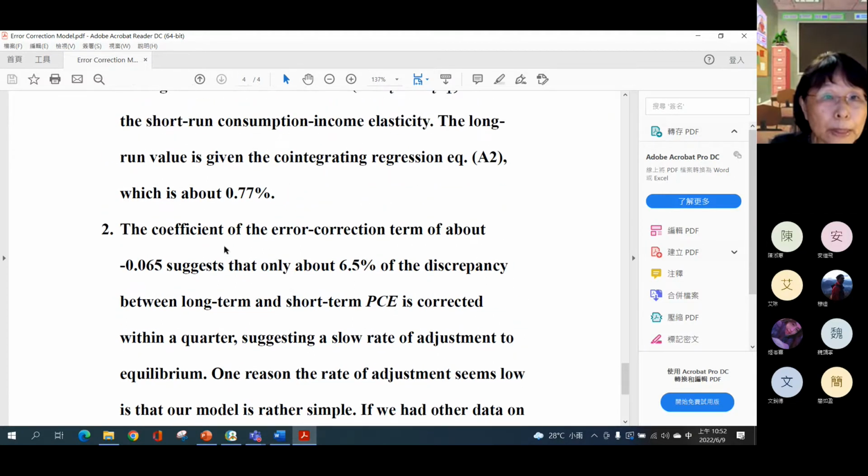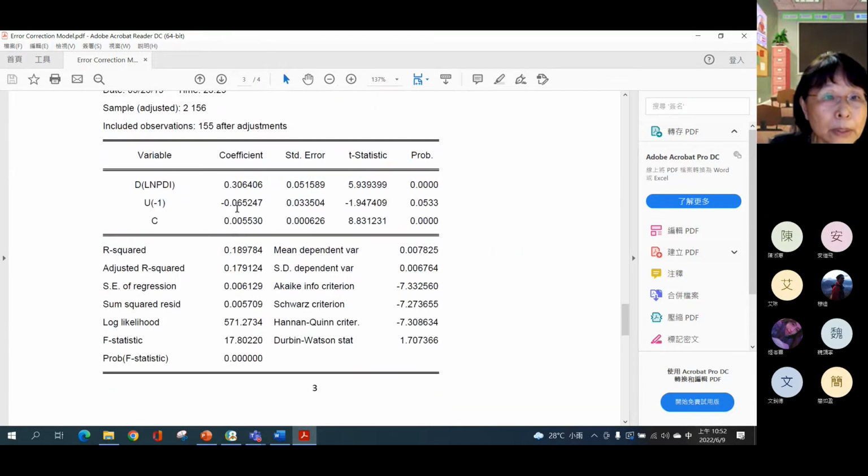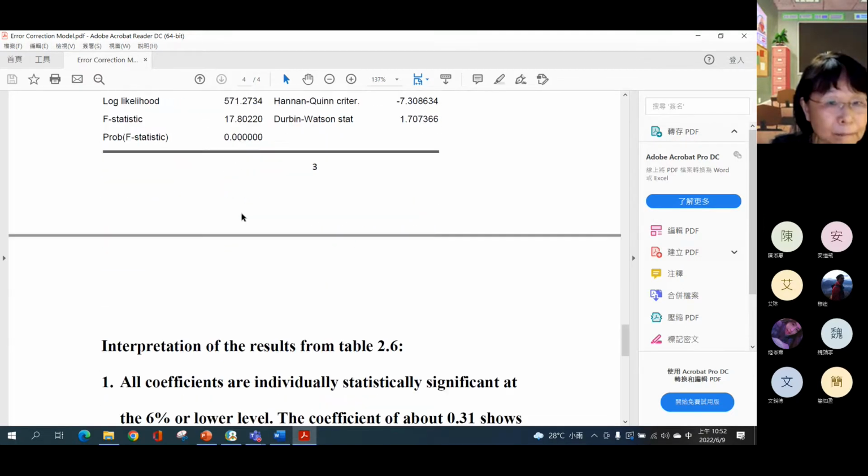Okay, so how do we explain 0.065? It means the discrepancy between the short run and the long run within a quarter is 6.5%.